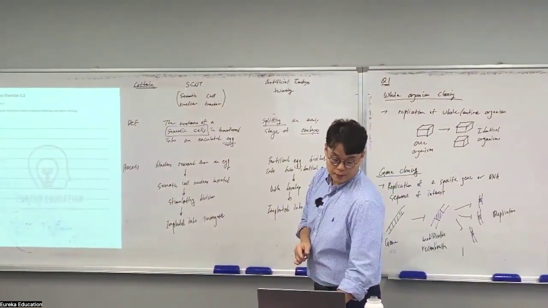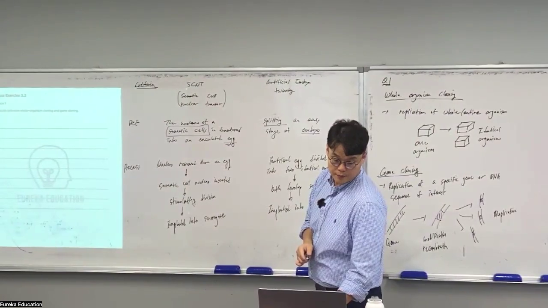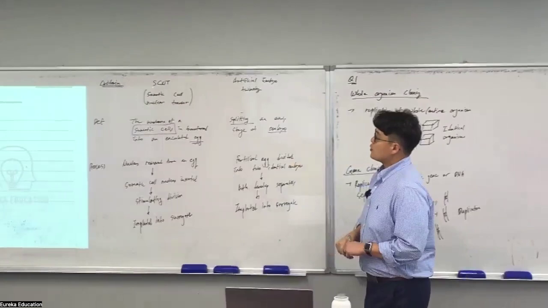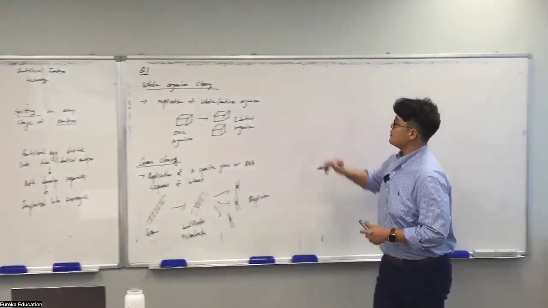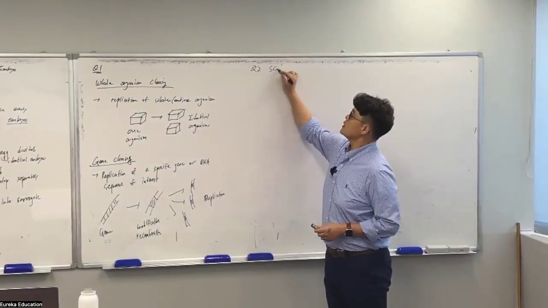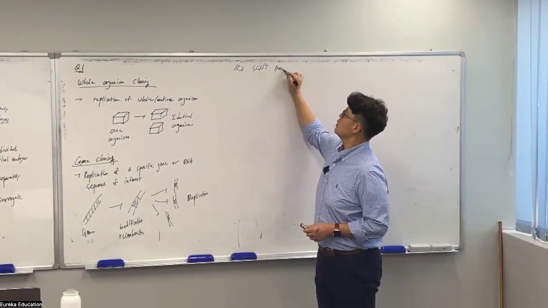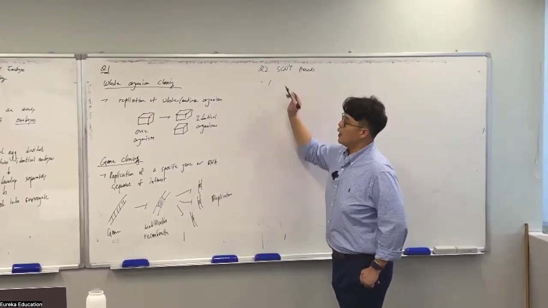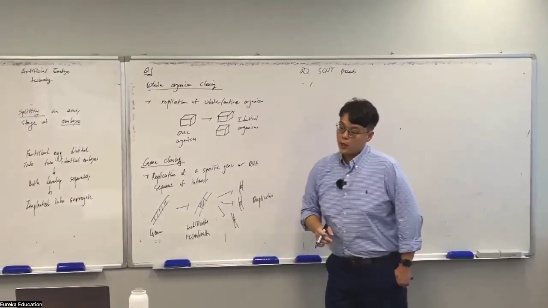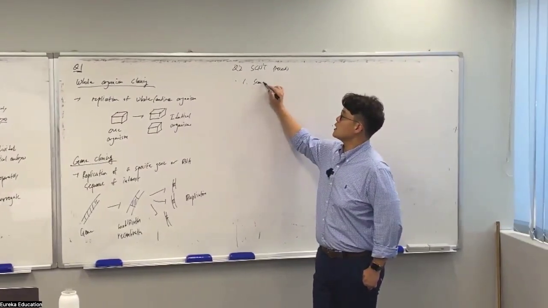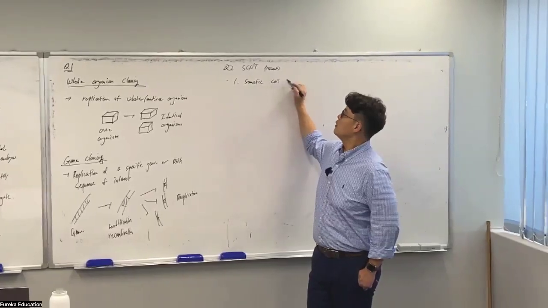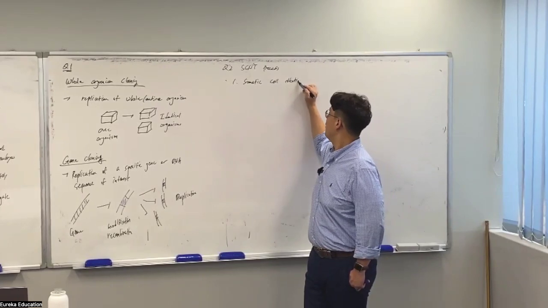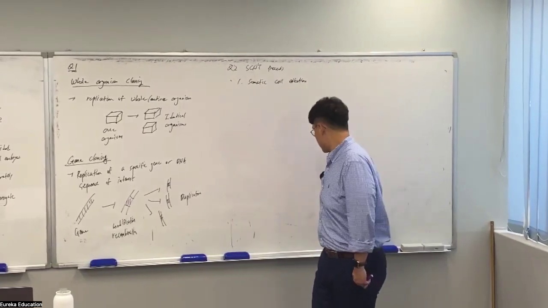Question 2. Let's outline the process of the SCNT specifically. So for the SCNT process, I briefly gave you that too, but let's write it down here, please. 1, the first process for that is we are collecting a somatic cell. The collection. We collect the cell.